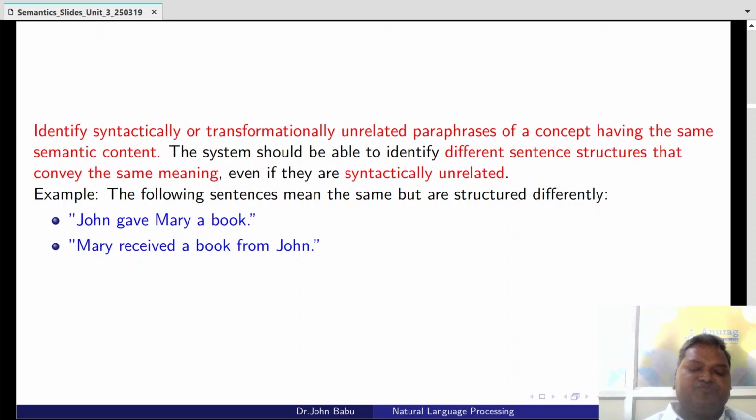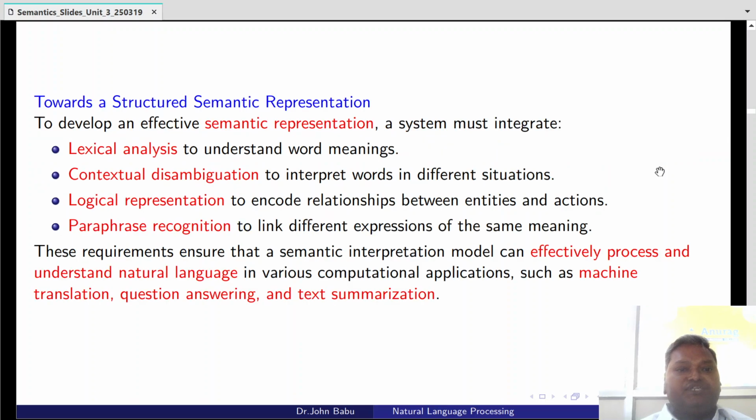Mary received a book from John. That is also syntactically correct, semantically correct. Though the sentences vary syntactically and semantically, they are conveying the same meaning. So, semantic theory should identify the paraphrases of a concept having the same semantic content.